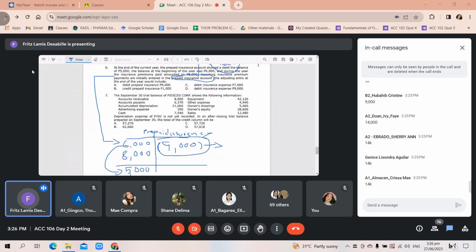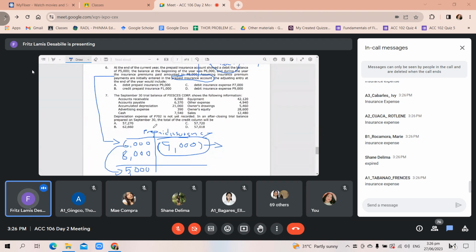Na unsa man ang 9,000? Unsay tawag ani sa 9,000? It's insurance expense, or in other words, the expired insurance, kanang insurance nga na-consume na nato. So naka-cross ani sa credit would be the adjusting entry for the insurance.